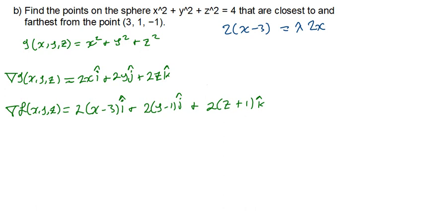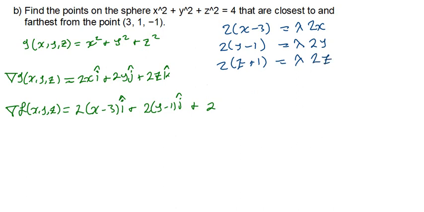What about the other one? For this part we are going to say it is 2(y minus 1) equals lambda 2y. The last one we have our 2(z plus 1), which is equal to, I forgot, this is supposed to be lambda, we have 2z, like that. Okay, that's what we need for now.